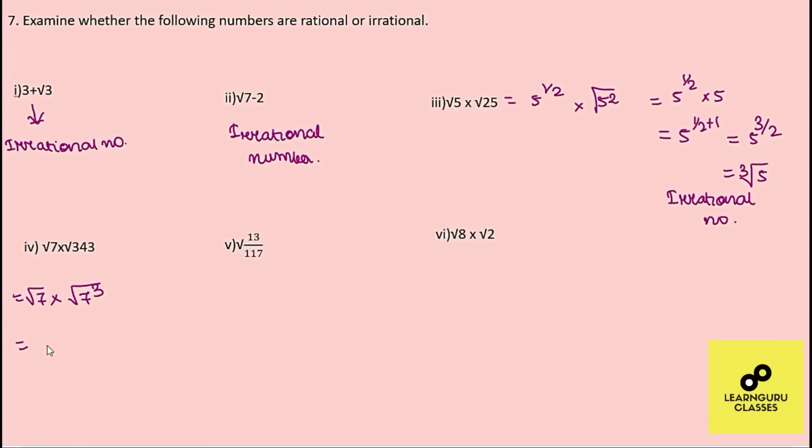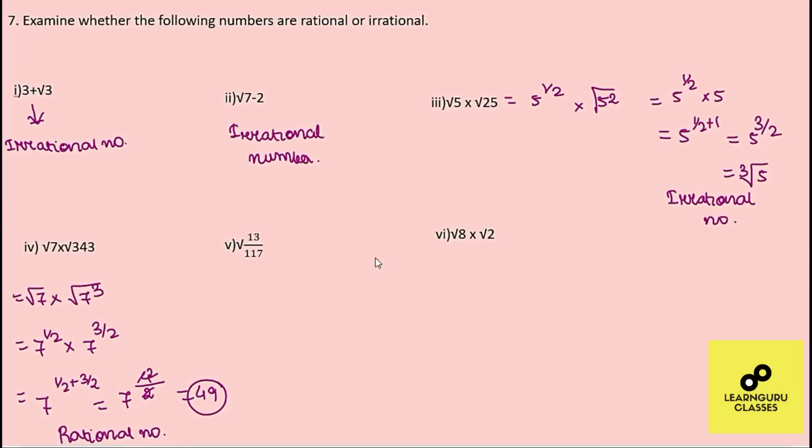Root over 7, you can replace it with 7 to the power half, and root over 343, that is 7 cube root, you can replace it with 7 to the power 3/2. So according to the law of indices, you can give half plus 3/2, that is 7 to the power 2. So it is giving you 49. So 49 is a rational number.